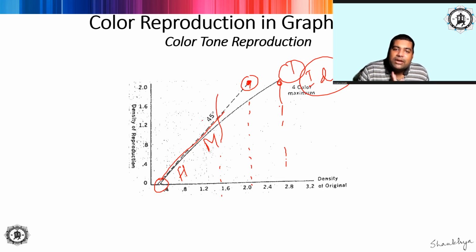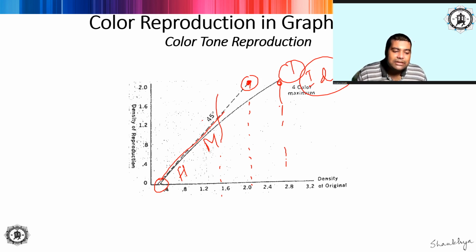Because your ultimate printed reproduction is dependent on the nature of the negative and the plate. So to impact your tone reproduction curve for the ultimate printed reproduction, you also have to determine for what nature of the tone reproduction curve in the negative and the plate you get a tone reproduction curve of this nature in your printed output, right?